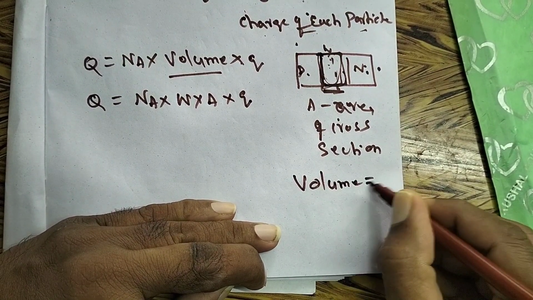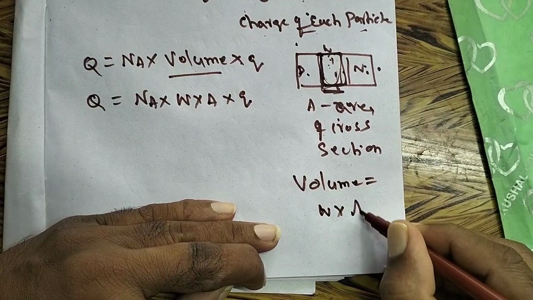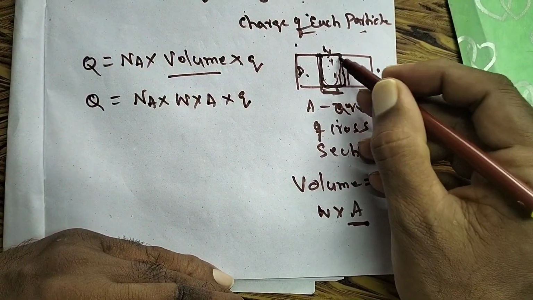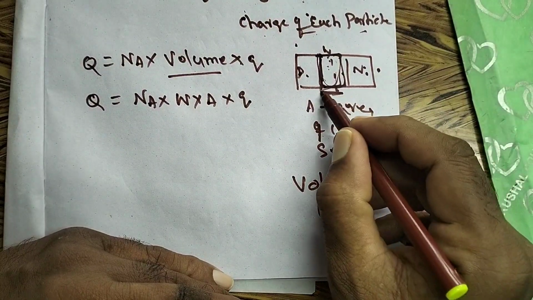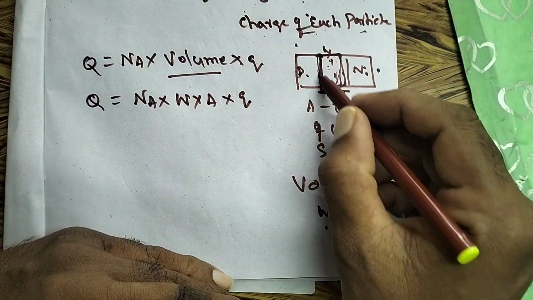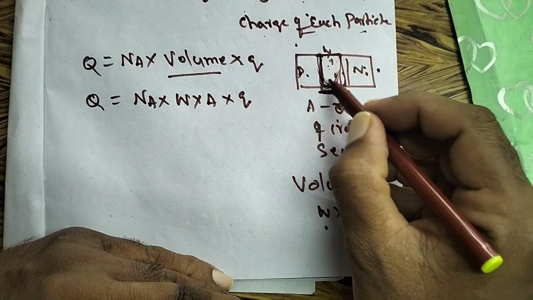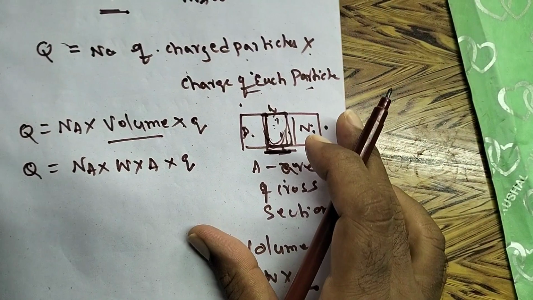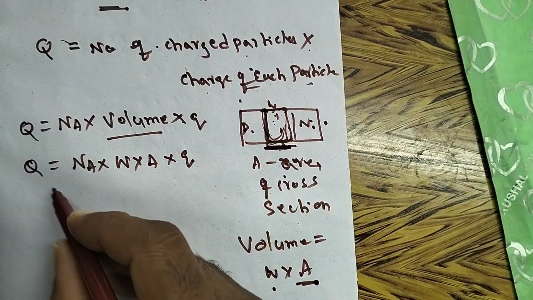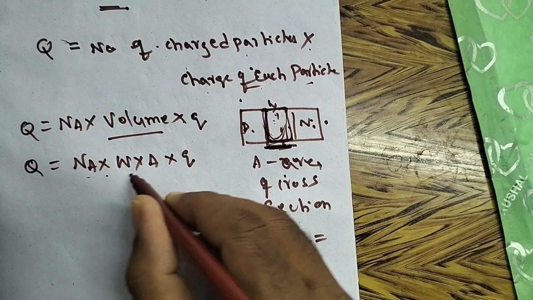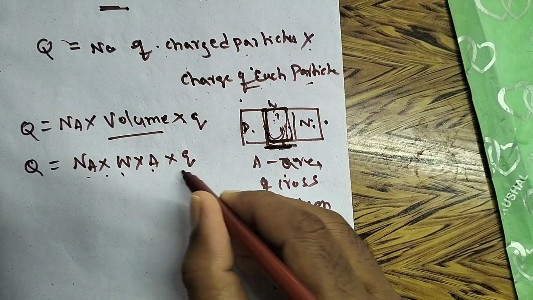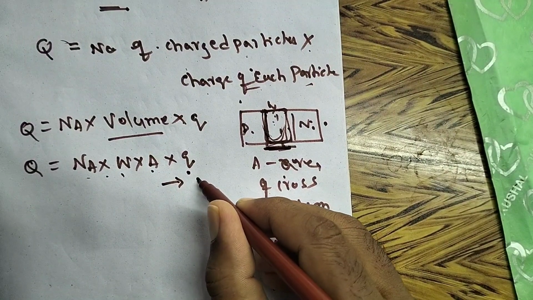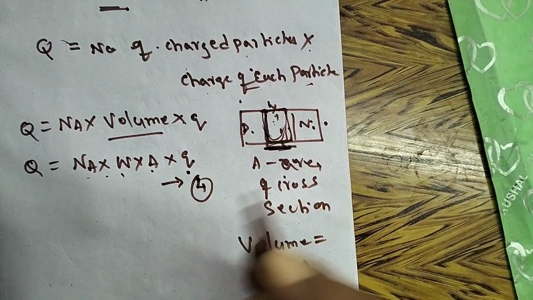Volume is nothing but W into A, where A is the cross section area at the junction and W is the width. In this total area only charge is there. Charge means charge carriers. So for that relation we have considered Q equal to Na into W into A into Q. So this is equation, let us consider 4.